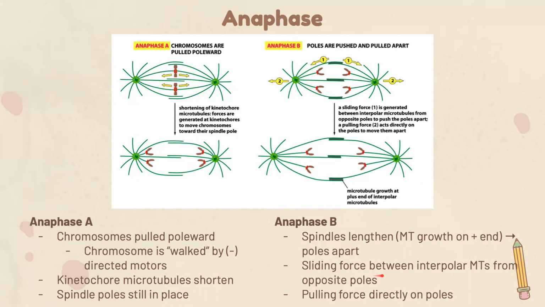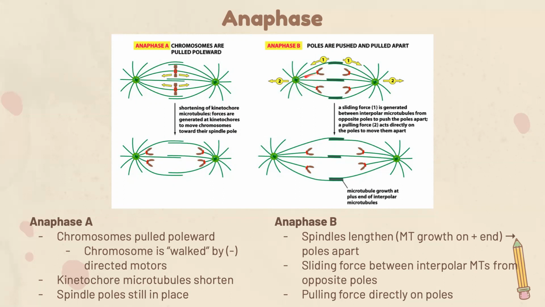So again, your poles can move outside, your spindles can lengthen. This is kind of contradictory to think about, because you're thinking about the spindle, so you might think that it's A. But if your spindles themselves are lengthening, then there's less room than there originally was for the spindle poles.